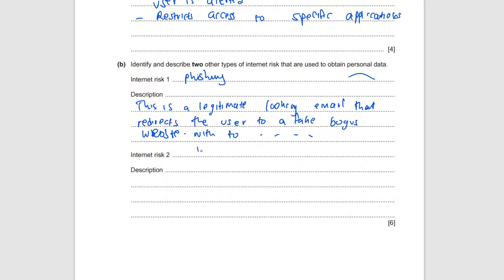You can also write pharming. Here I said pharming is basically a software that is installed onto the computer. So you can say software, you can say malicious code, but malicious code is basically software.